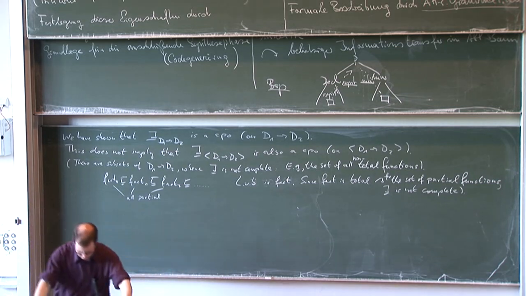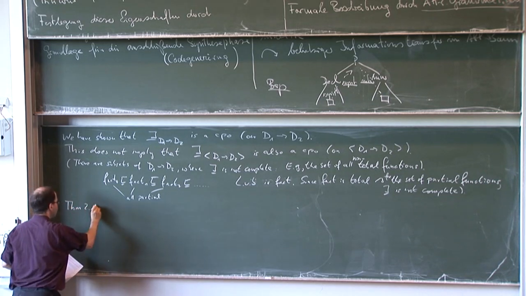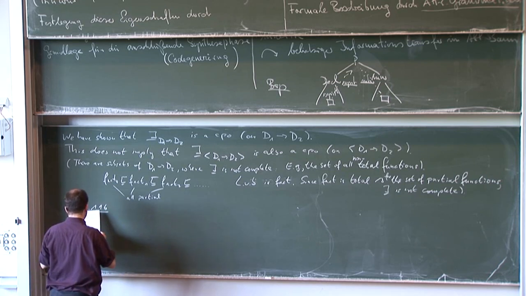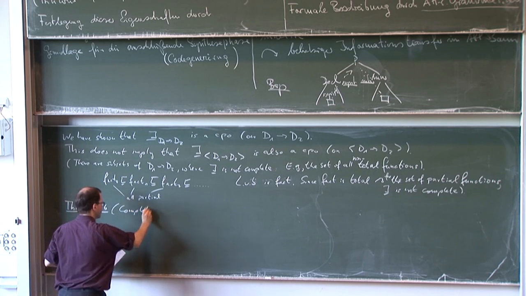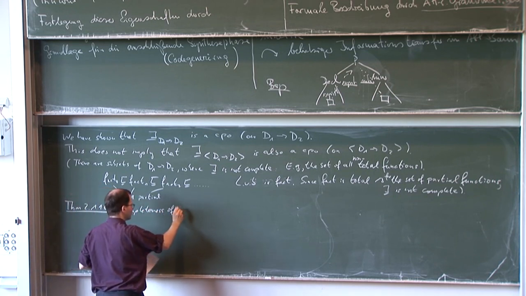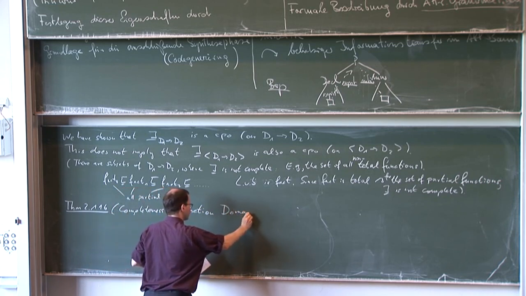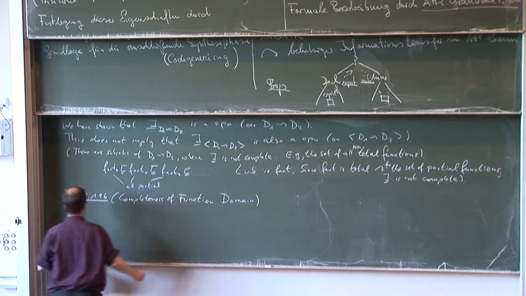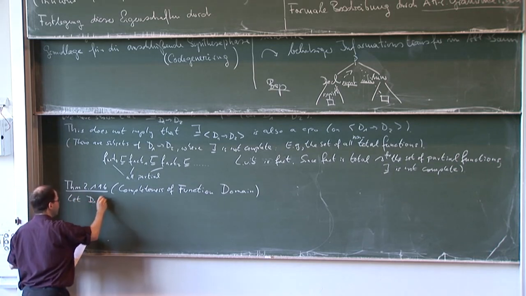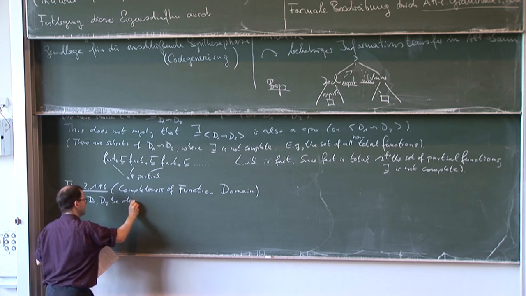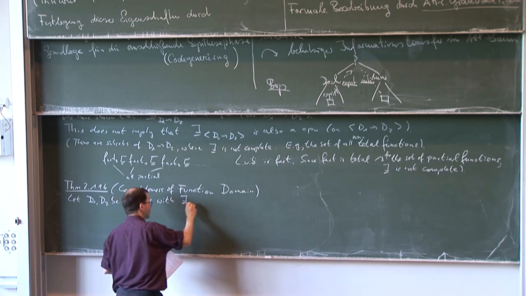And that's the next theorem. So this is theorem 2116. And it says, it gives us the completeness of the function domain. So let D1 and D2 be domains where this less defined or equal relations are complete.